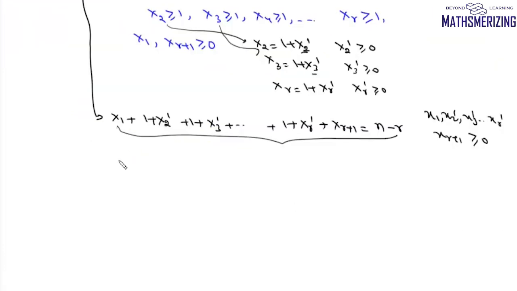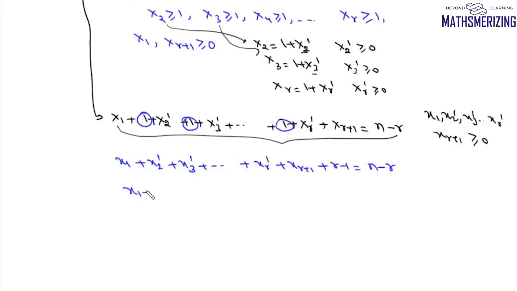We can write this equation as x1 plus x2 dash plus x3 dash plus xr dash plus x r plus 1, and then there'll be these 1s from 2 to r, so it'll be r minus 1 times. So it'll be simply r minus 1, and that is n minus r. So we can write this as x1 plus x2 dash plus xr dash plus x r plus 1 equals n minus 2r plus 1.